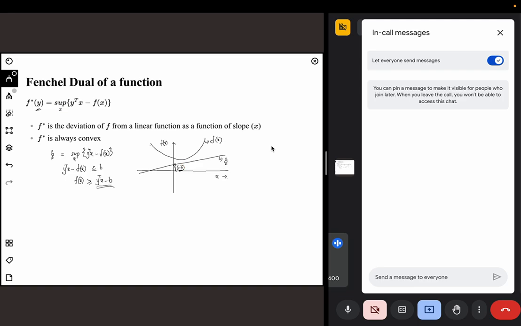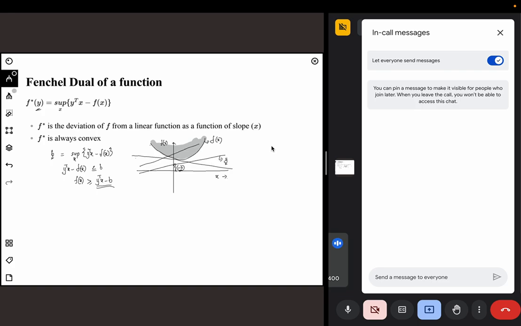All you're trying to do is find this intercept such that, as you keep changing the line to something like this, or something like this, you try to find that particular line which will satisfy this equation, such that the entire curve of f of x will lie above this particular line. Whatever line I have chosen, the entire f of x should lie above that line.